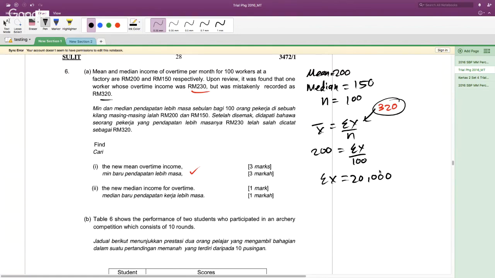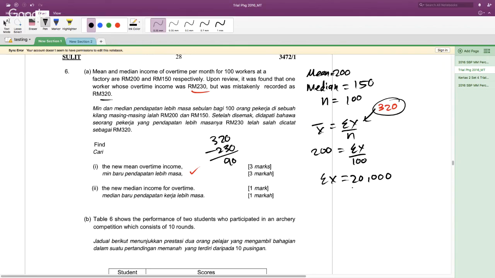That means among the 20,000 ringgit here, you have 320, which is the wrong one. The right one, supposedly, is 230. So I try to minus it, because the question asks me to find the new mean. After I minus it, I will get 90. So this is the reason.